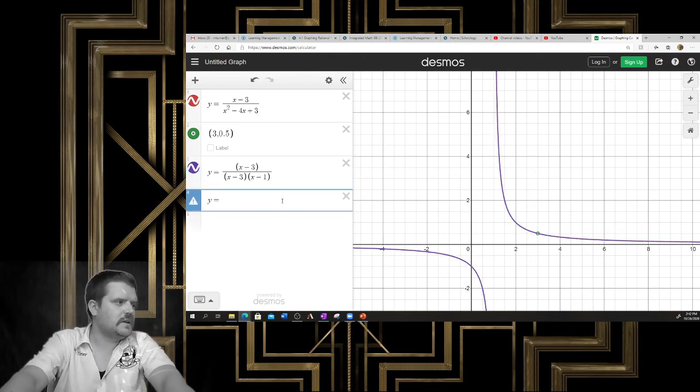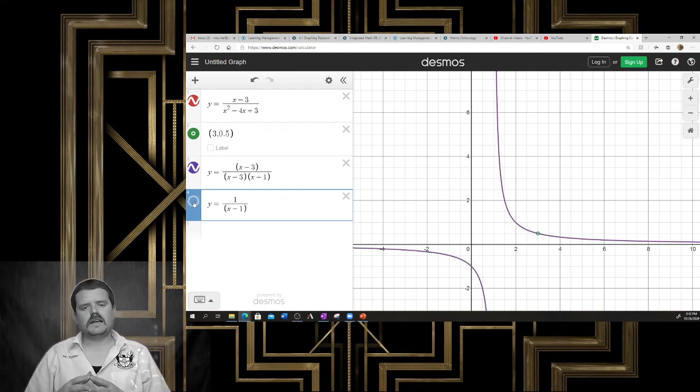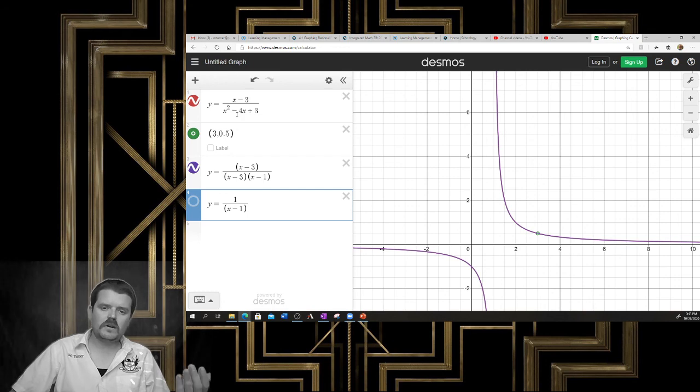The x minus 3's would cancel out, and I'm left with y equals 1 over x minus 1. And that matches up to the graph that we already have here. Now, yes, we can simplify it, but it doesn't change the fact that in the original equation, there were 2 numbers that I could plug in to get a 0 in the denominator.